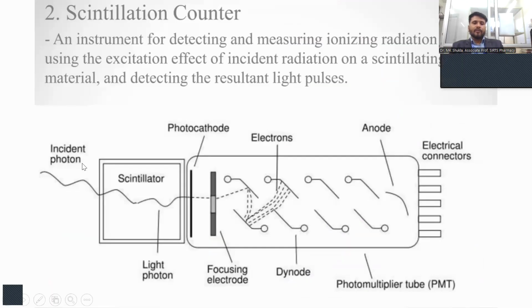The incident photon is introduced to the scintillator, where light photons are produced. These pass through the cathode, are focused by the focusing electrode to the dynode, collected by the anode, and passed to the electrical connectors.